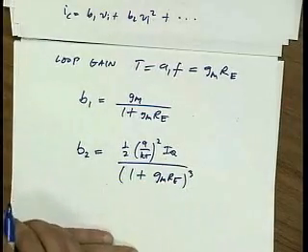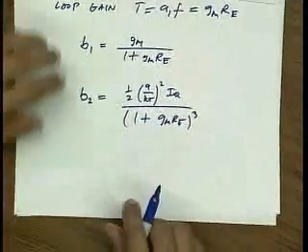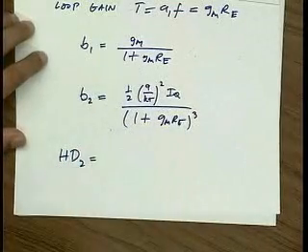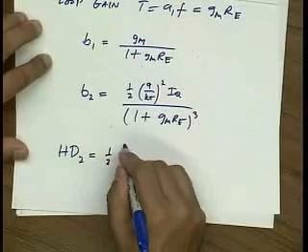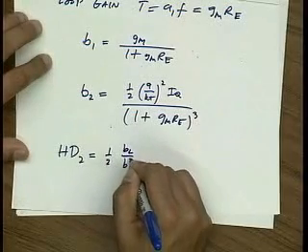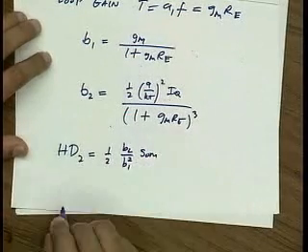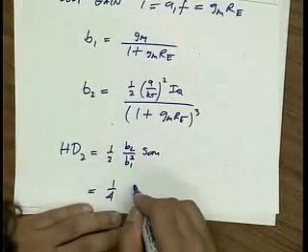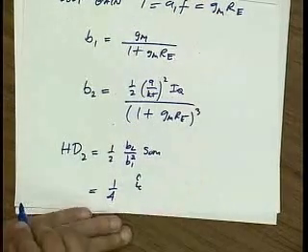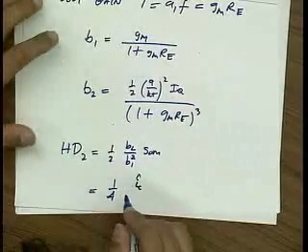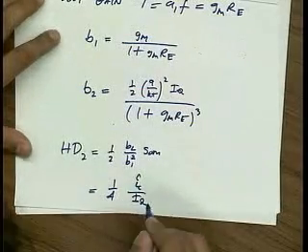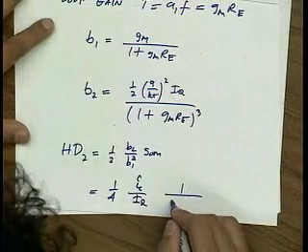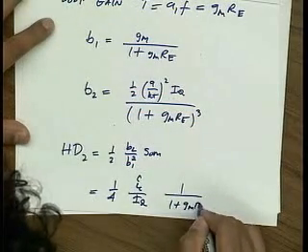Okay? So now I can calculate, for instance, directly the HD2 of this amplifier. And I get 1/4 signal swing at the output normalized to IQ, divided by 1 plus GM-RE.